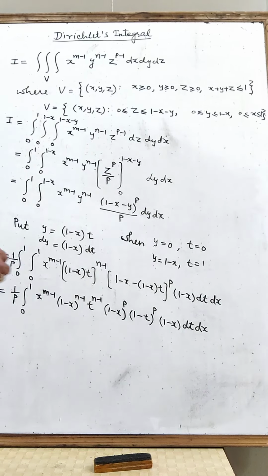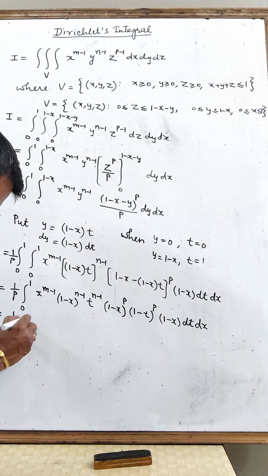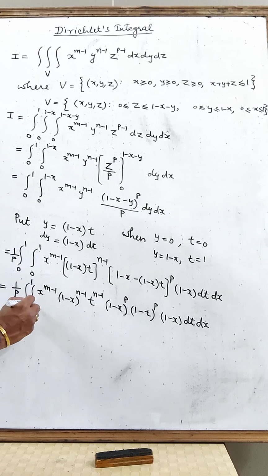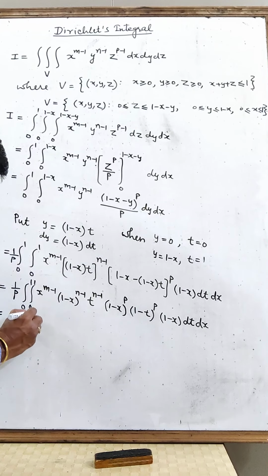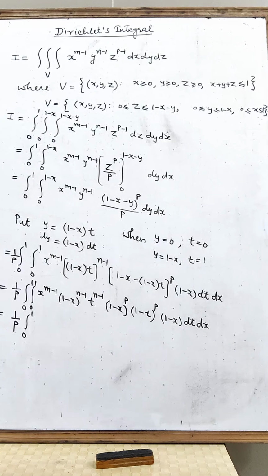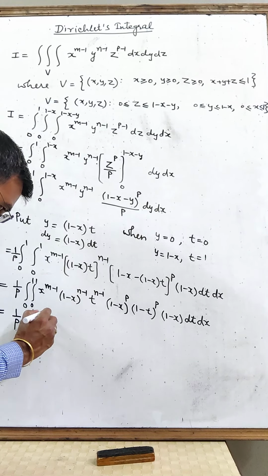Now we can combine the terms. It will be equal to 1 by p integral, here we have left one integral 0 to 1. Now we are integrating with respect to t, and x is constant, so I am writing terms containing x outside.